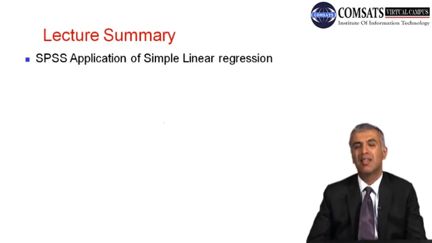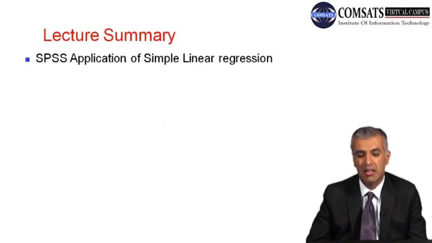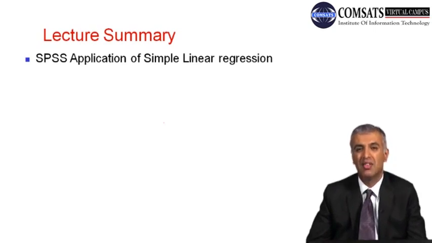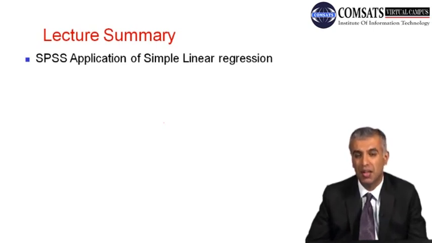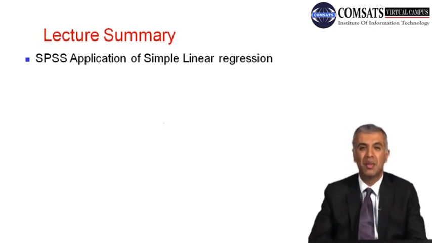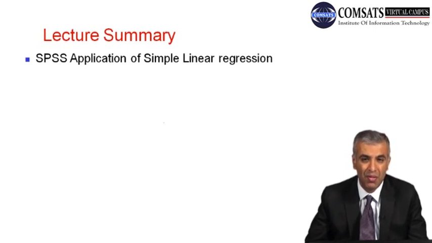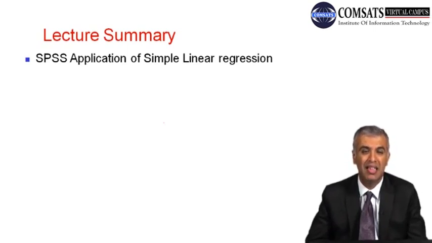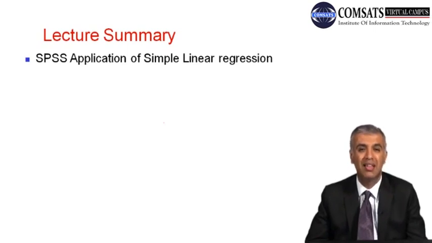So simple linear regression is limited, and its findings are limited, and its practicability is also limited, and that's the advantage we have in multiple regression, that we get some additional insight into the complexity of the phenomena in the organization which we are trying to observe.